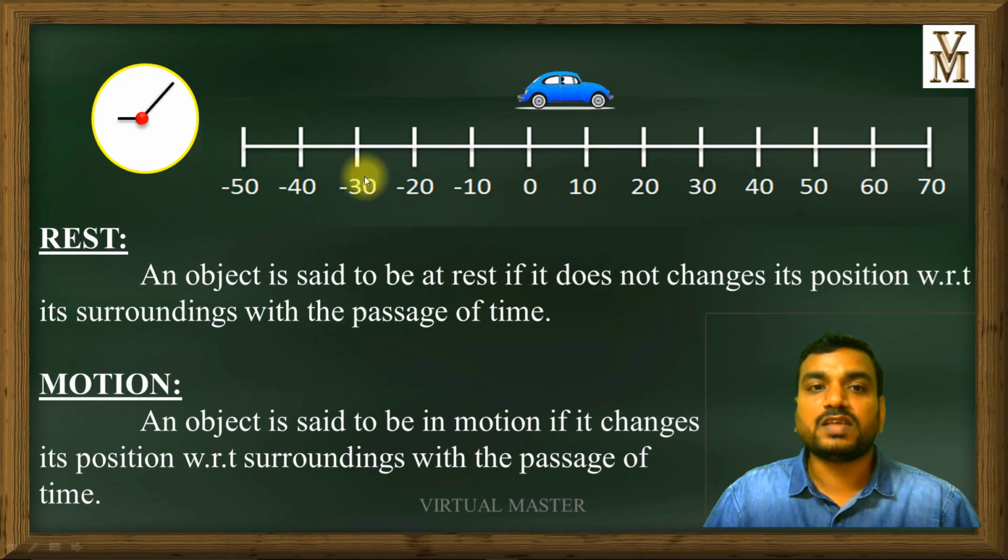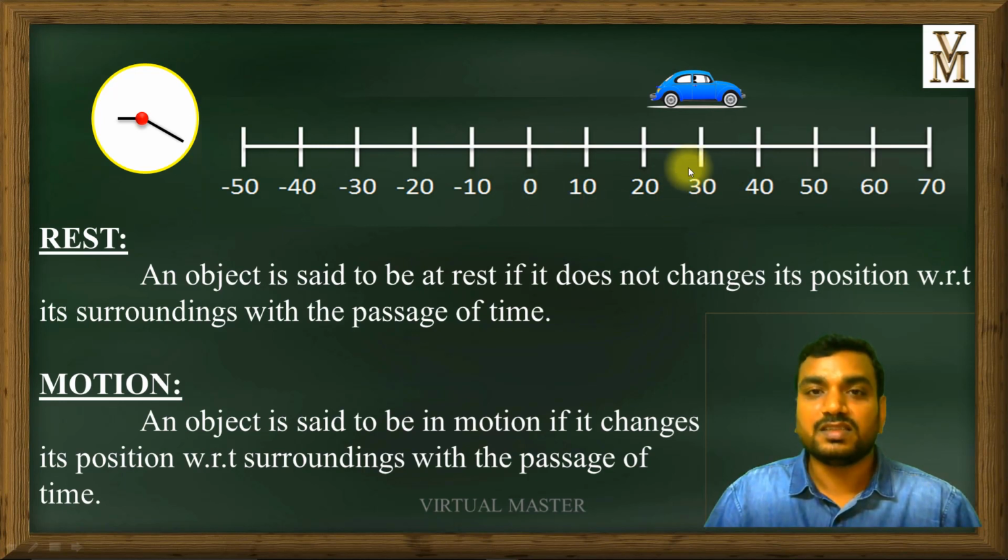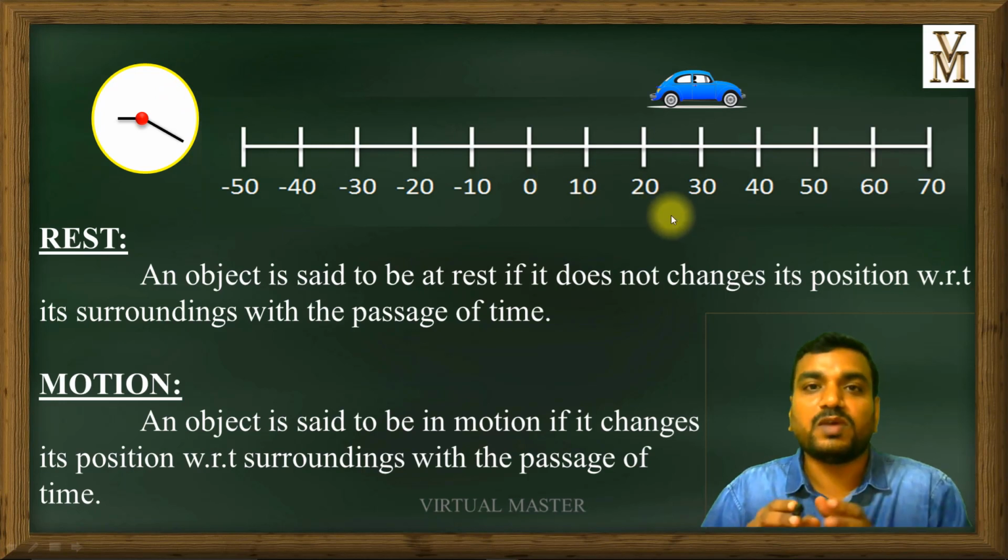Now, with time, the car is changing its position. Initially at 9 o'clock it was at 0th position. At 9:20 it is at 30th position. The position of the car has changed with time. So we can say the car is in motion. I hope you have understood the concept of rest and motion of a particle.